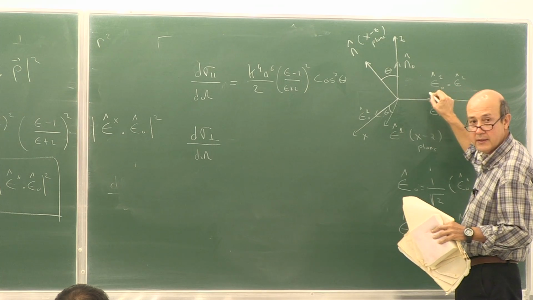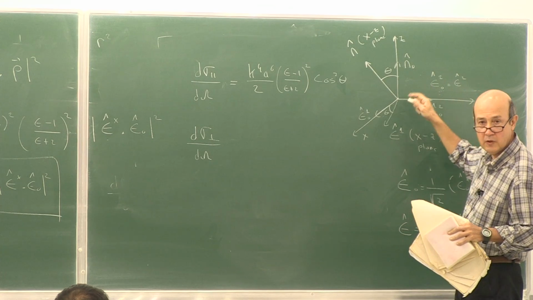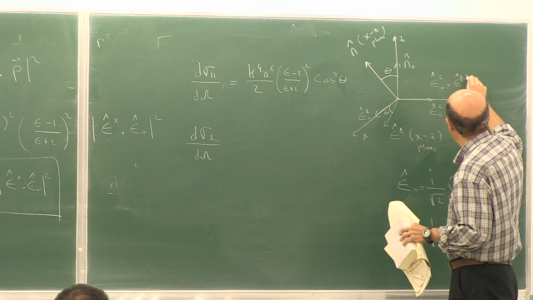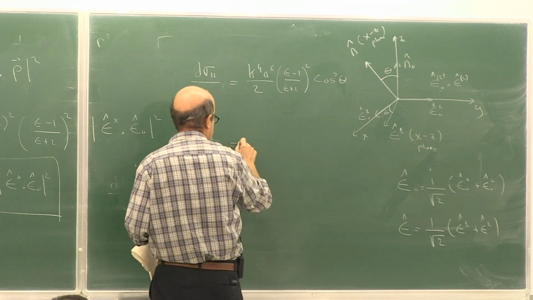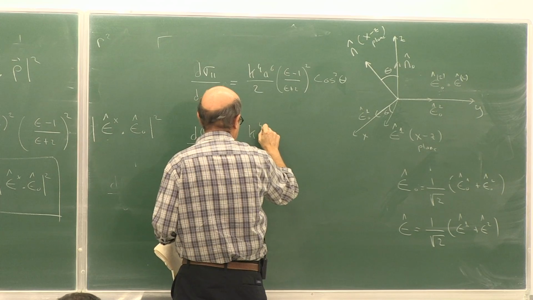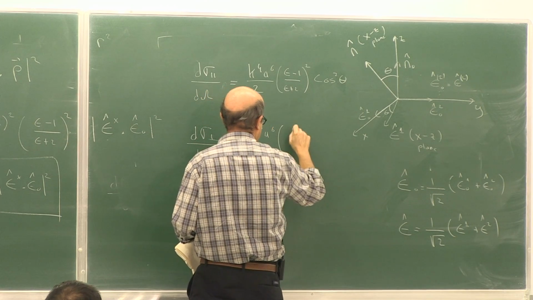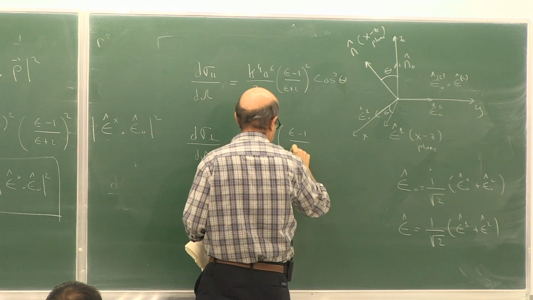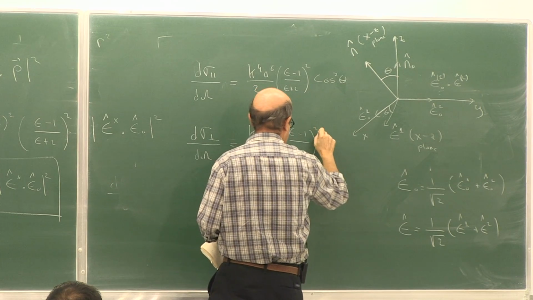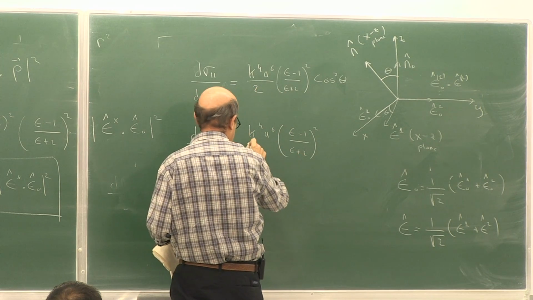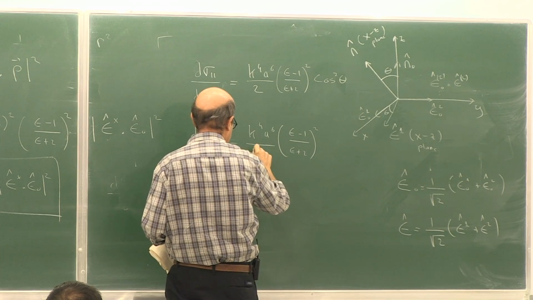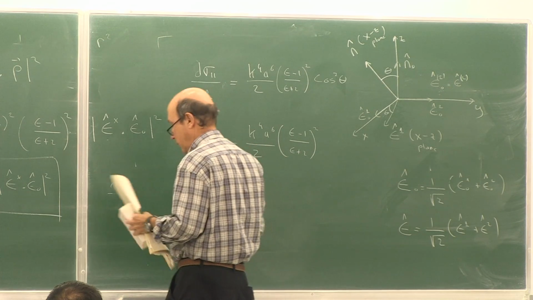After the scattering, that is epsilon again along y. So the scalar product will be 1. So basically that will be k to the 4, a to the 6, epsilon minus 1, epsilon plus 2 square, 1. So from the weight factor or normalization of the unit polarization vector, you will have 1 over 2 here.